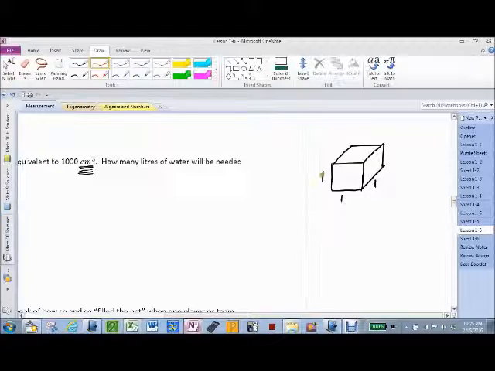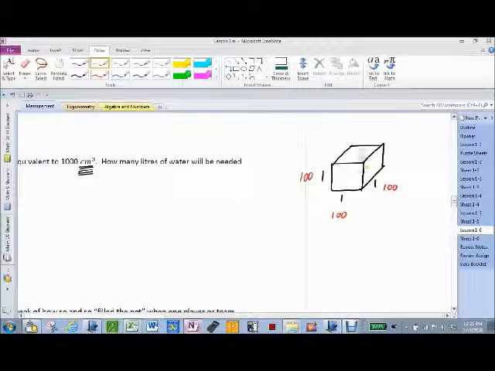How big is 1 meter in centimeters? It's 100, isn't it? How big is this? 100. How big is this? 100.